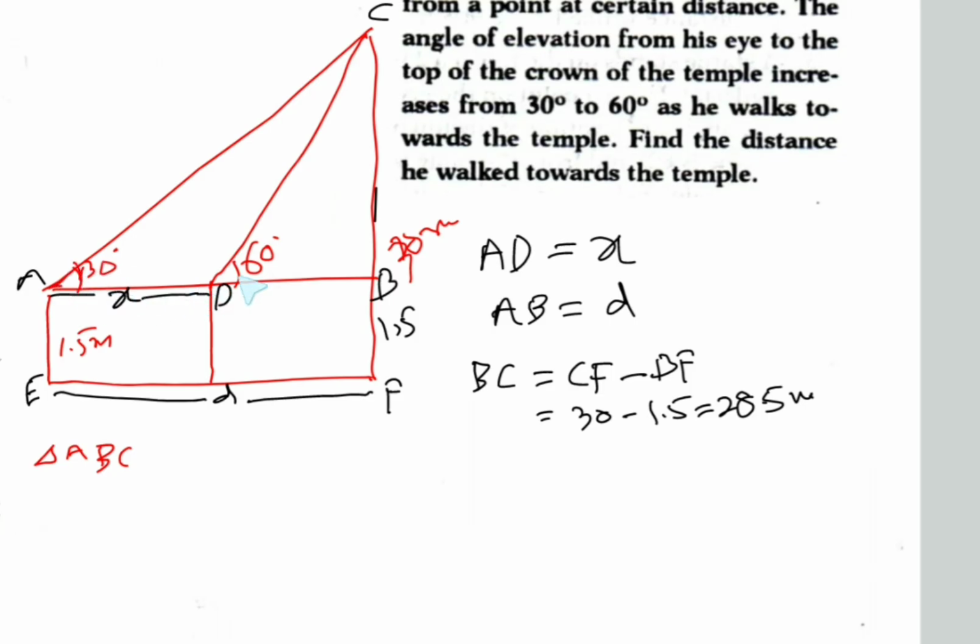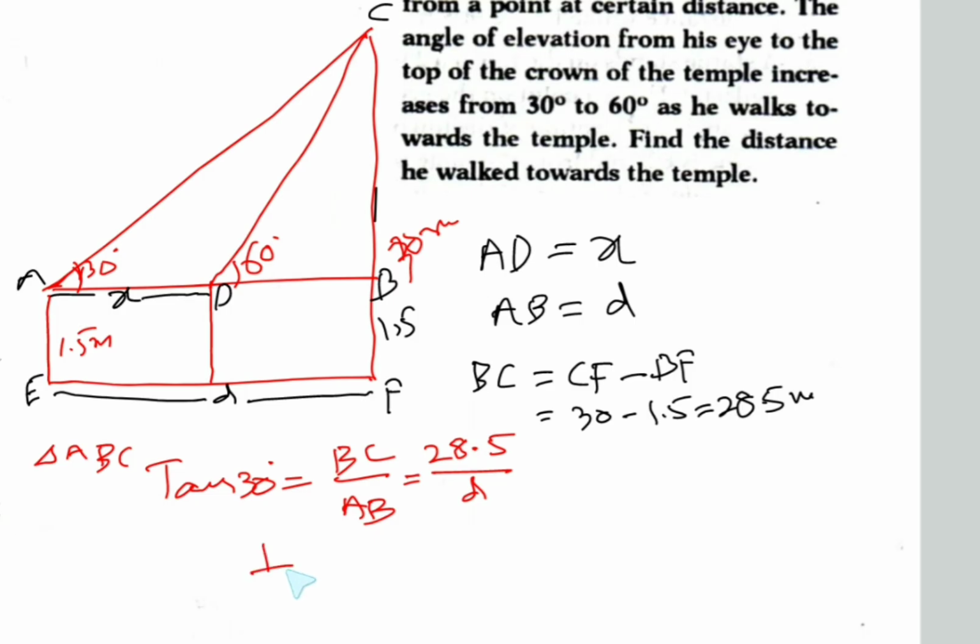Tan 30 is equal to opposite side by adjacent side, that is BC by AB. We know BC equal to 28.5 and AB is equal to d.